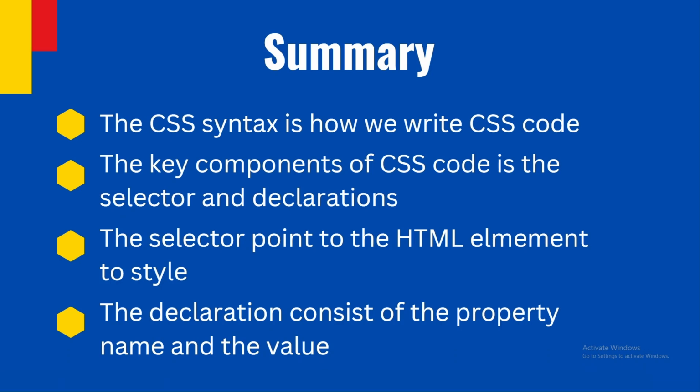But for now, just keep in mind that in your declaration, you will need a property name and a value. You can have more than one declaration in a declaration block. To do that, you separate each declaration with a semicolon, and the next declaration will have the CSS property name and the corresponding value.